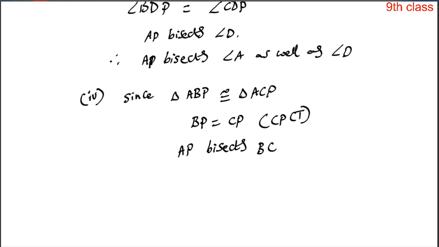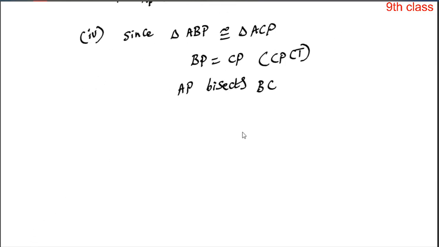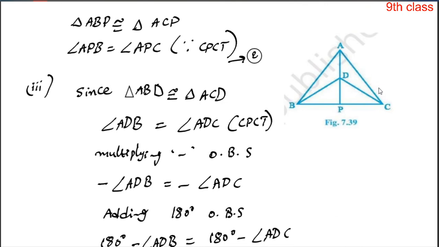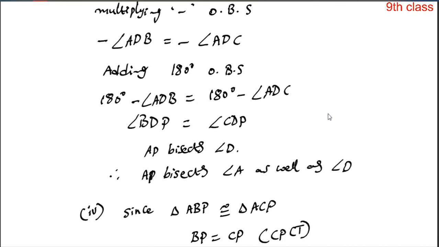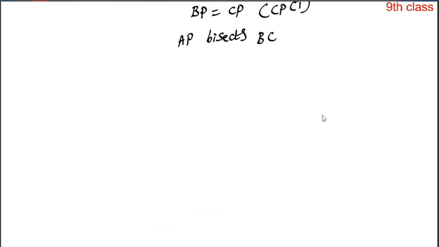Next, see the figure. Angle APB and angle APC are a linear pair of angles whose sum is 180 degrees.